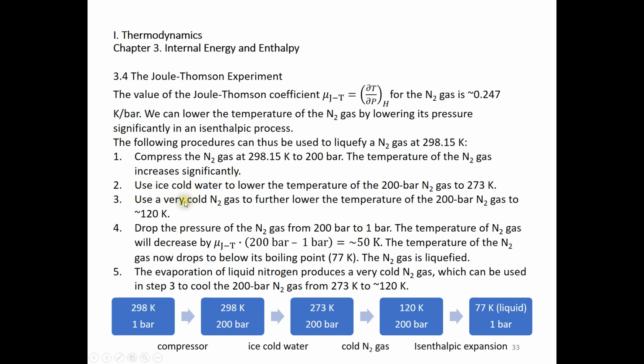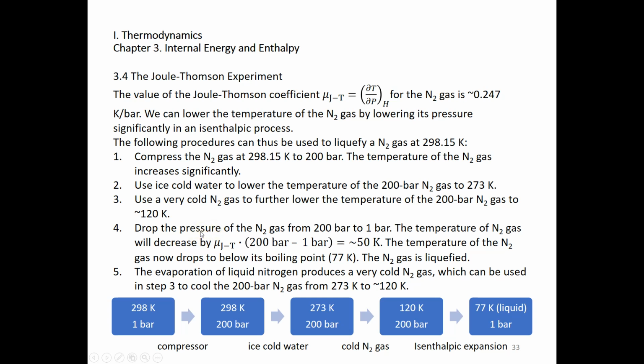And then if we have some really cold nitrogen gas, we can further lower the temperature of this high pressure nitrogen gas to 120 K. So now you have a real gas, nitrogen gas, at very high pressure, 200 bar, and low temperature, 120 Kelvin. And now what do we do? We do this Joule-Thomson experiment.